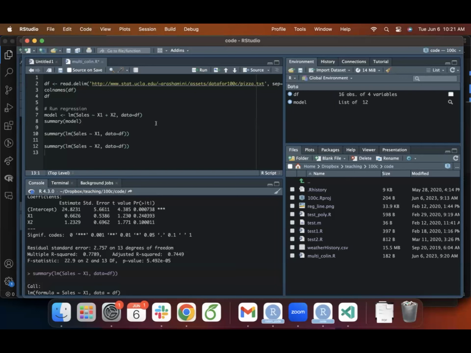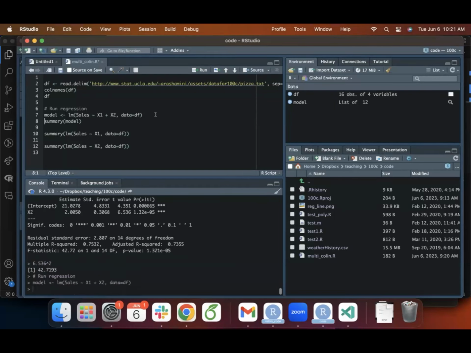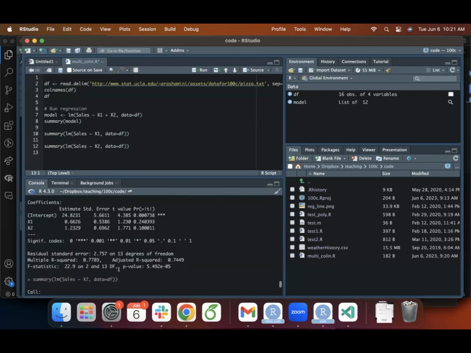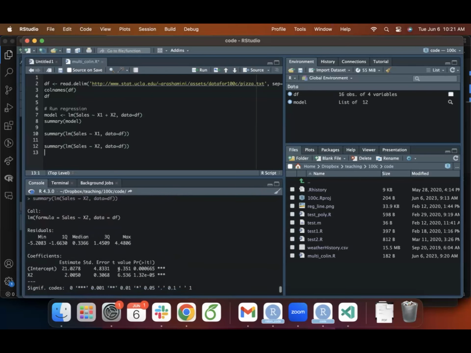When I drop them, for example, let's say, okay, I'll redo this. That's that, and then I do the single model. So here I have those coefficients. When I drop x1, you can see now the coefficient is actually 2, and the standard error is 0.3. The standard error is much smaller, and that's why you get a smaller p-value.